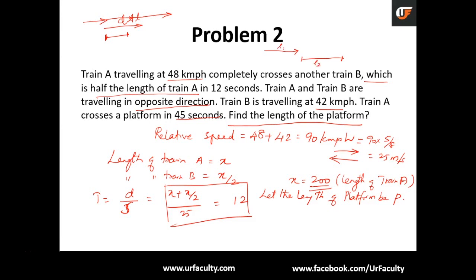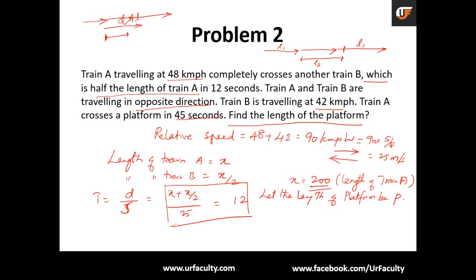So it first touches this point and it goes on, and again it continues until the point where the last compartment of the train, the end of the train, crosses the platform. So here the distance is basically L1 plus L2 because it is the sum of the length of the train plus the length of the platform.